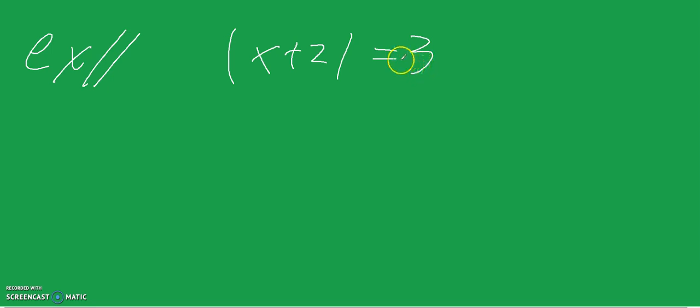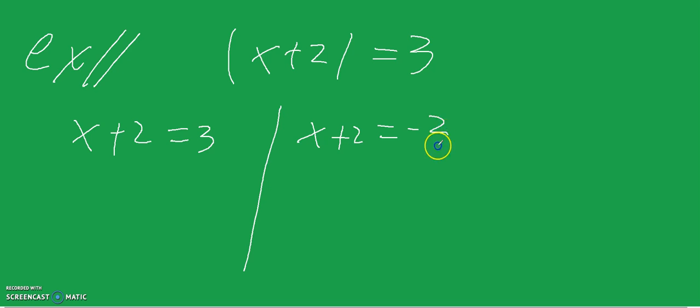Step 1, good to go. Now I want to make my two equations. So I take the inside, x plus 2, set it equal to positive 3, and then take the same inside and set it equal to negative 3. Step 2, done.